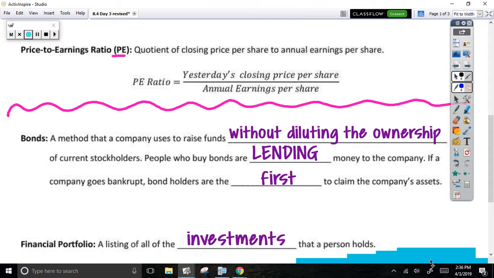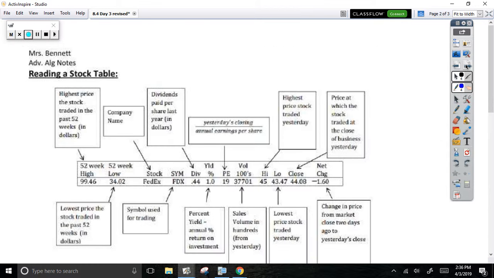All right, on the back we're going to look at reading a stock table. Pretty much, for most of them, if you can read, you're good. 52-week high, 52-week low, stock name, stock symbol. Now dividends, DIV, it tells you the dividends that are paid per share.